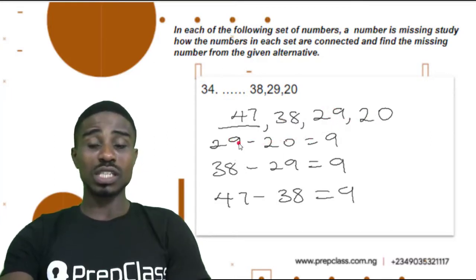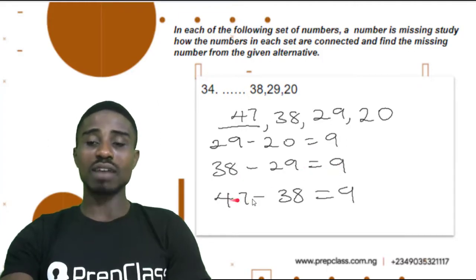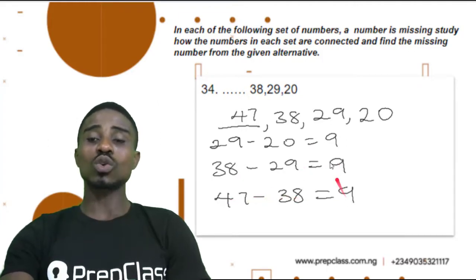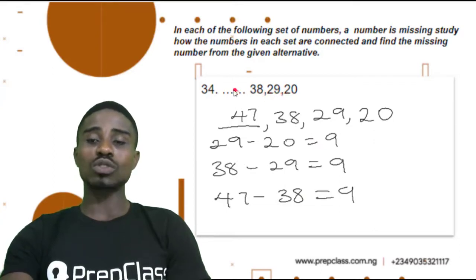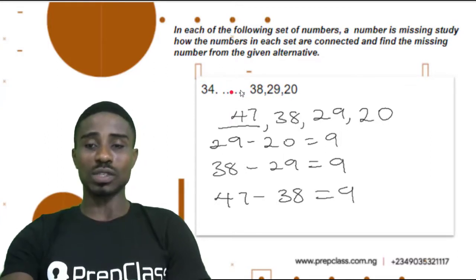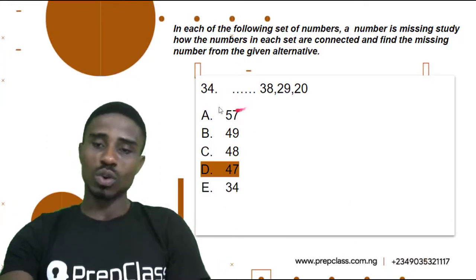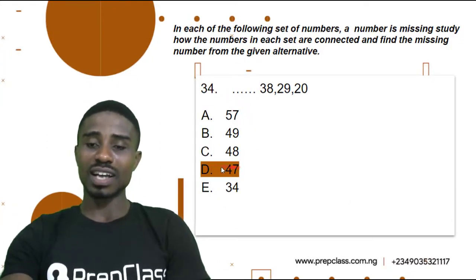And look at it, 29 minus 20 is 9, 38 minus 29 is still 9, 47 minus 38 is 9. So it is a difference of 9, or a count from the left to the right of a decrease of 9, and from the right to the left an increase of 9. So our correct answer here would be 47. Let's check it out. Question 34, our correct answer is option D, 47.